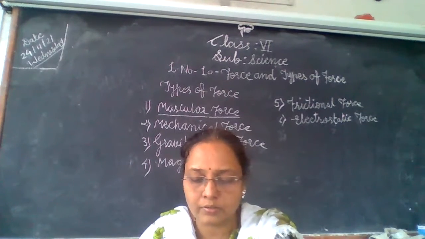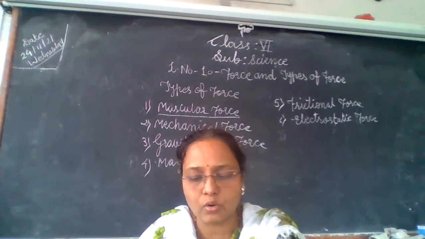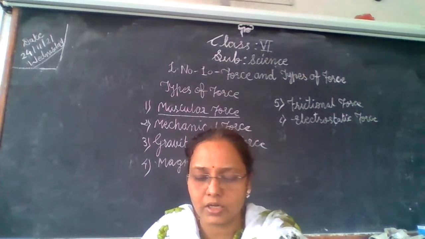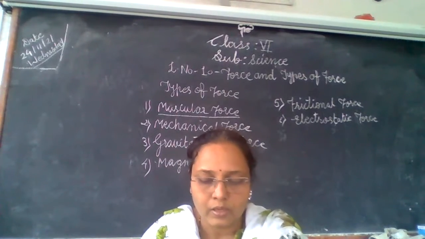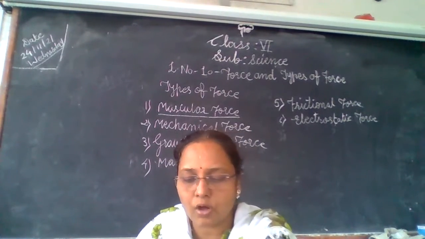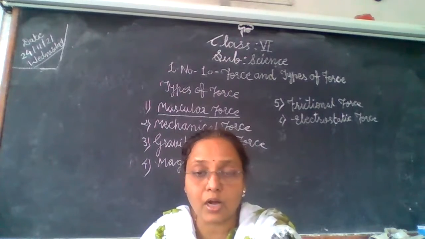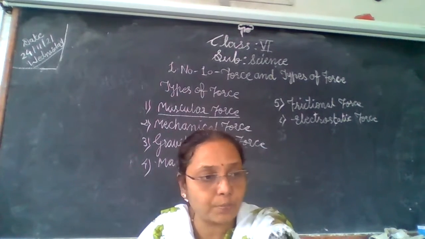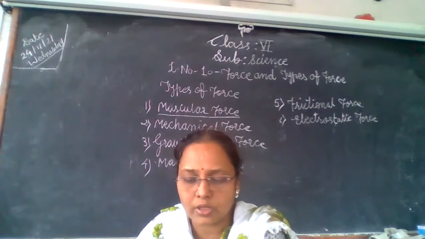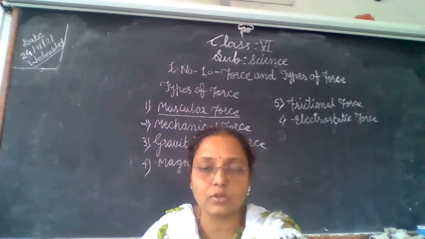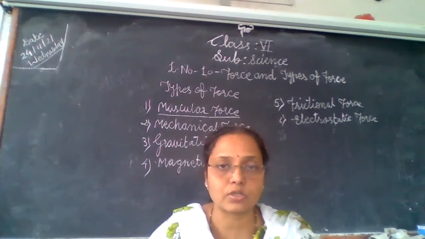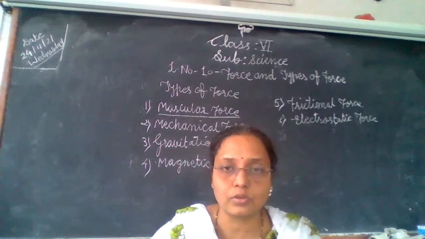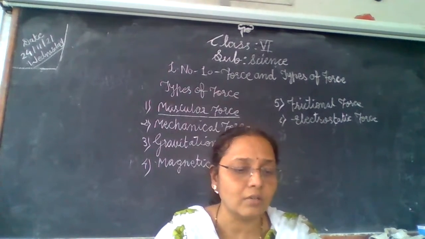Hence, the speed of that object goes on decreasing till in the end it becomes zero. Then the object starts falling down instead of going further up. While falling, its speed goes on increasing all the time due to the gravitational force. Okay, children. So this is about gravitational force.